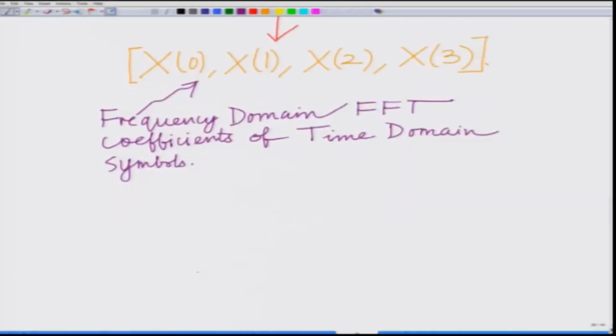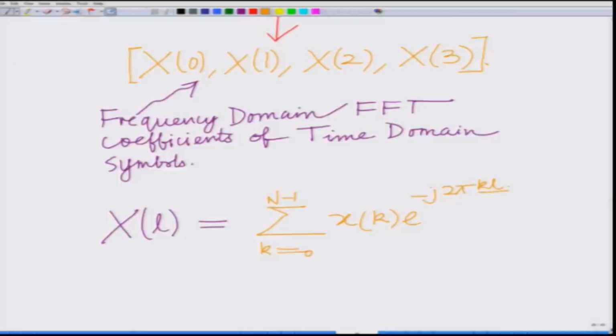In fact, your capital XL, that is the Lth FFT point, equals the summation k equal to 0 to n minus 1 of small xk e raised to minus j 2 pi kL divided by n.